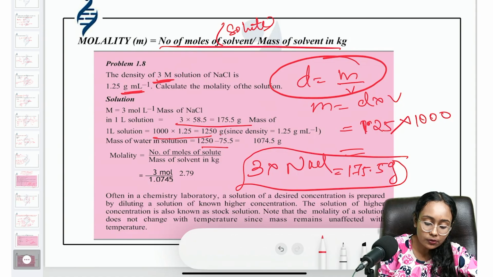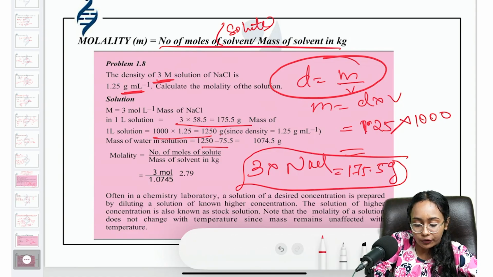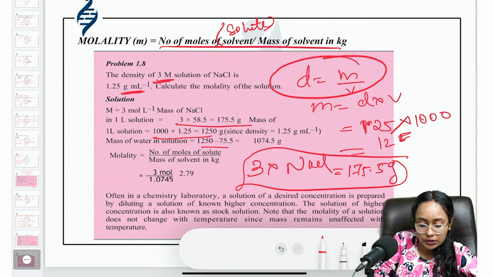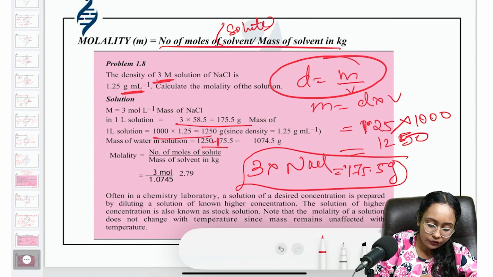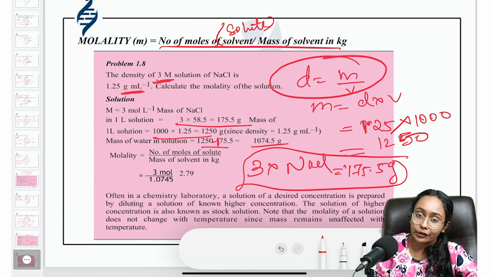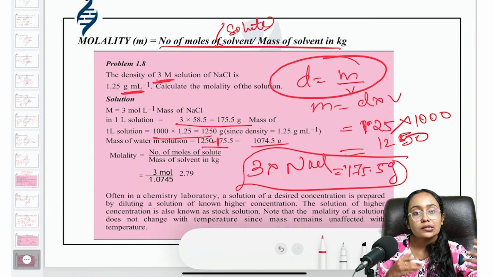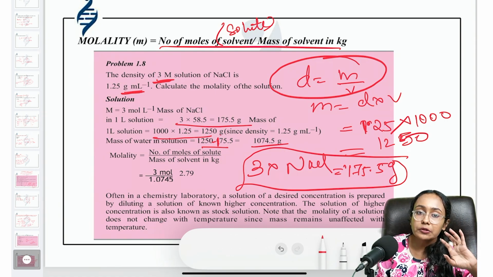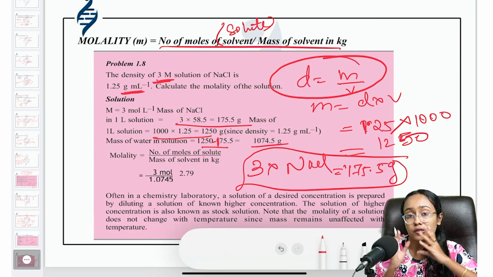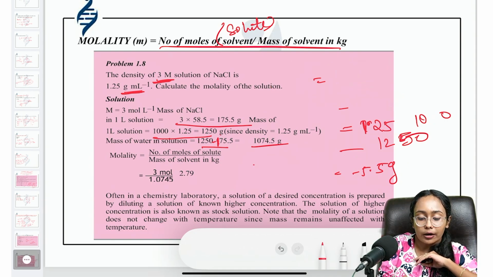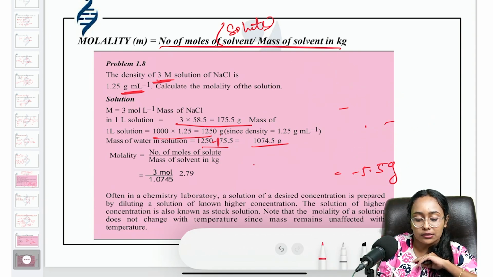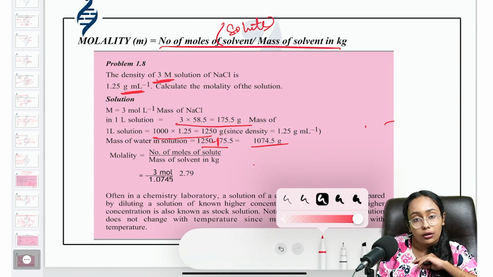Subtract it, that is 1250 minus 175.5. You'll get 1074.5 grams. So the number of moles is already given in the question. You just have to substitute the value of mass of solvent in kilogram. Mass of solvent means the mass of solution minus mass of solute.